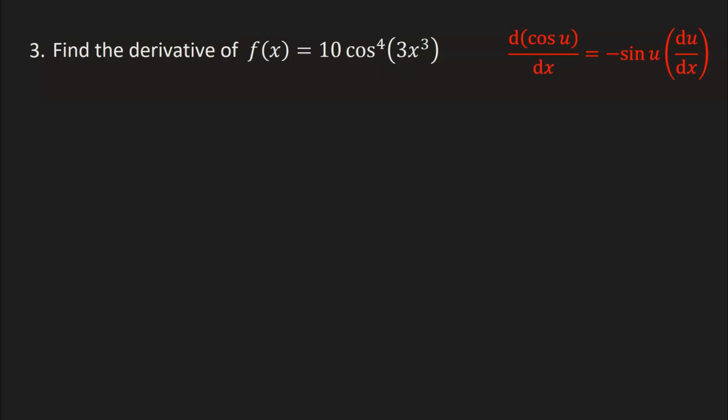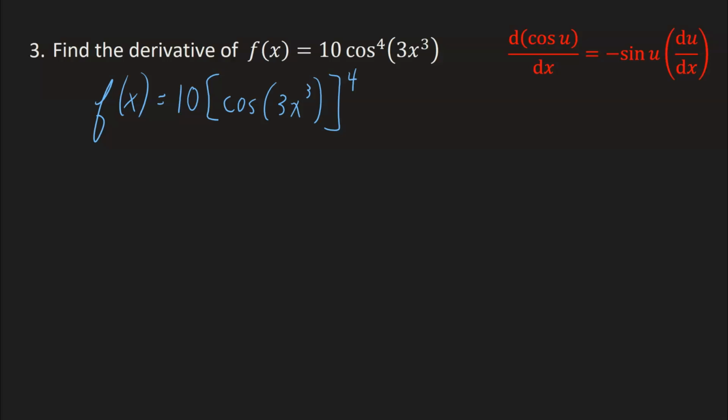So I would suggest that this be rewritten as f of x, this is not the derivative yet, 10 times cos 3x cubed all to the power 4. This means the same thing as 10 cos to the power 4 of 3x cubed. The order of operations is cos 3x cubed first, raise that to the power 4, then multiply by 10.